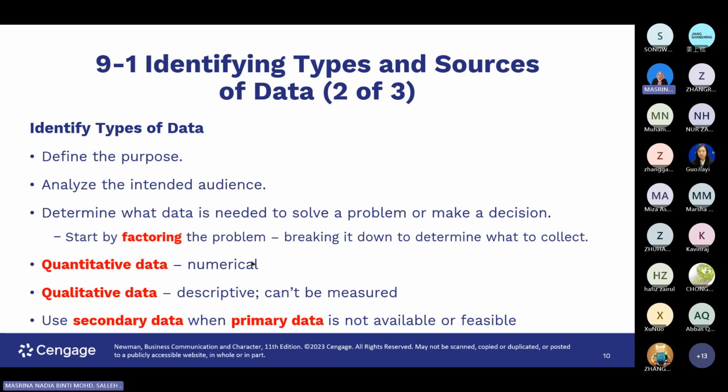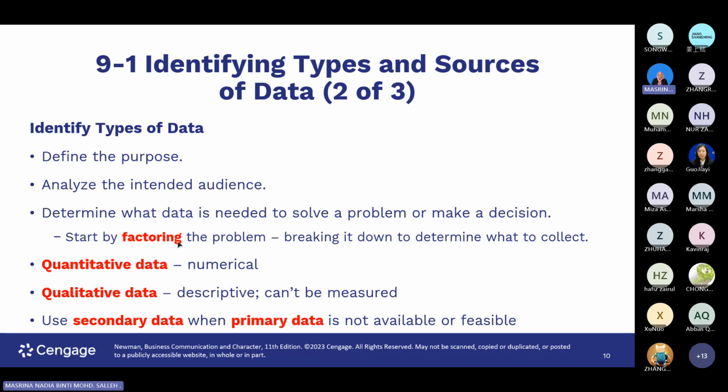You have to know that there are two different types of data. One is numerical, we call it quantitative. This involves numbers, 1, 2, 3. And we also have qualitative data, which is mostly descriptive data, more text, a descriptive data.